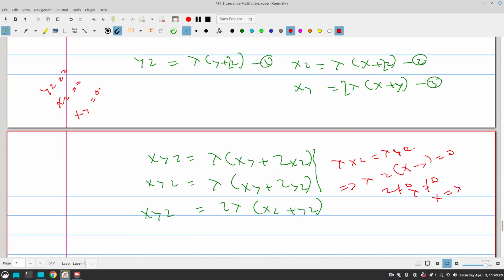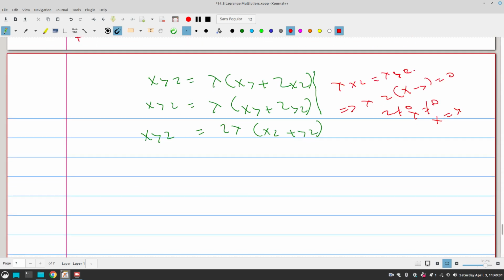Now if x equals y, let's see what we can derive from these last two equations, right? So we have lambda xy plus 2yz equals twice lambda xz plus yz. Now, of course, you can cancel the lambdas since they're not equal to 0.